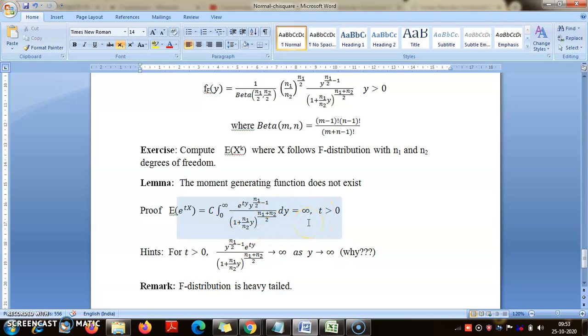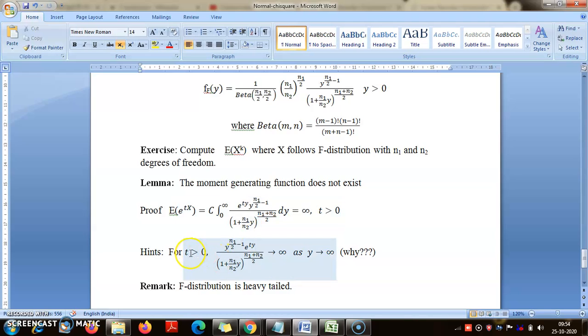The reason for this is that this integrand, when you are integrating over the range 0 to infinity, y to the power anything is non-negative, since y is non-negative. So this ratio is a non-negative quantity, and e to the power ty is anyway non-negative. So the integrand over the range 0 to infinity is a non-negative function. Now when you are integrating a non-negative function, if it explodes as y tends to infinity, then that integral cannot be finite.